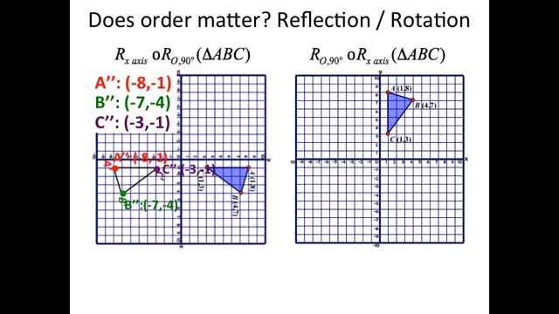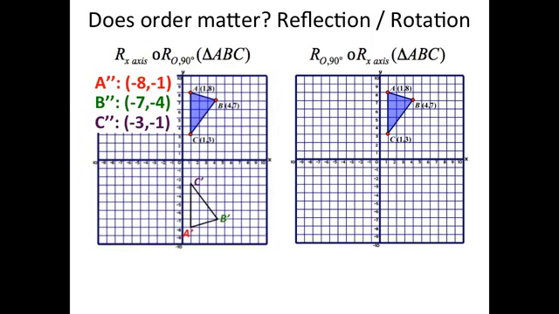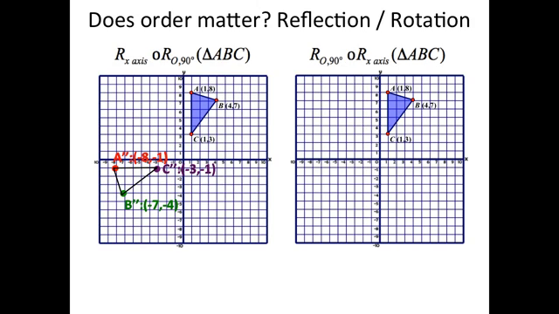I'll write those points down, turn my paper back around, so now I can put those points in: A at -8, -1, B at -7, -4, C at -3, -1, put in my triangle, get rid of all the intermediate steps, and there is the example of taking that original triangle, reflecting over the x-axis, and then rotating it 90 degrees around the origin.